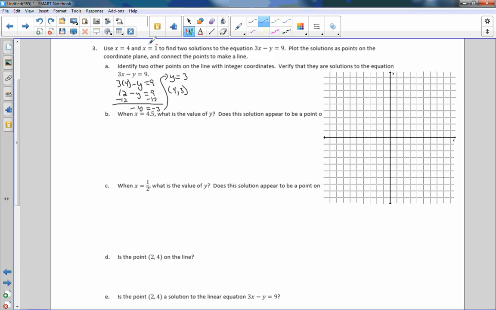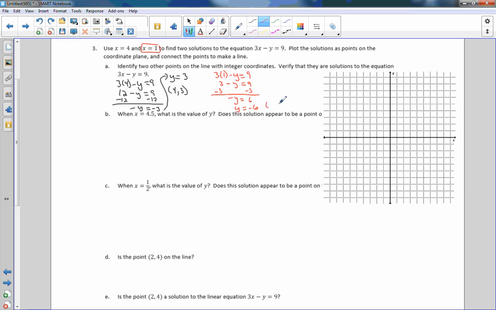Now we're going to do x equals 1. 3 times 1 minus y equals 9. 3 minus y equals 9. Subtract 3, subtract 3. Don't forget your negative. Negative y equals 6. Multiply both sides by -1, and that'll give me y equals -6.